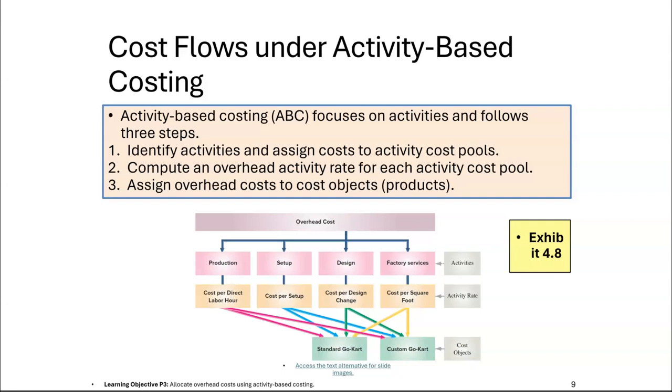In this case, we've identified activities: production, setup, design, and factory services. We then decided how to allocate each one of these. Remember, this is the overhead cost we're talking about. Production would be cost per labor hour, cost per setup, cost per design change, cost per foot, and we would apply them based on the usage of each one of those things.